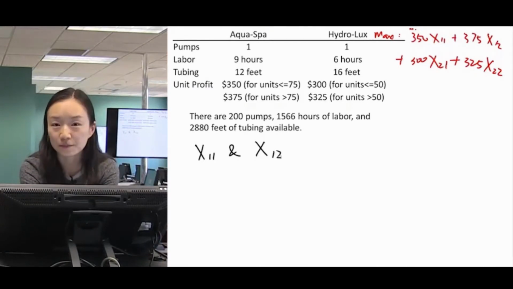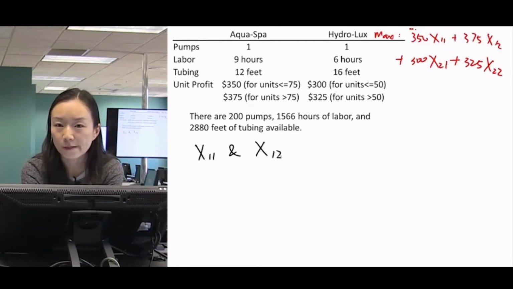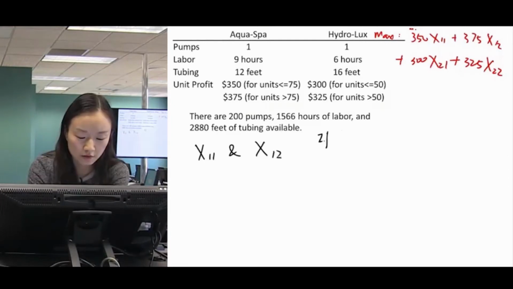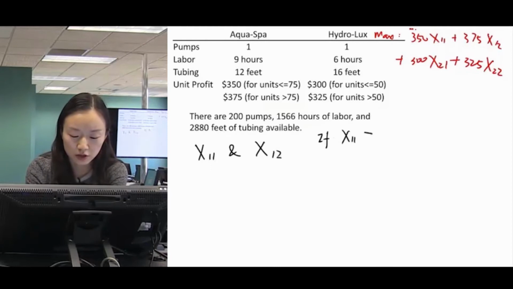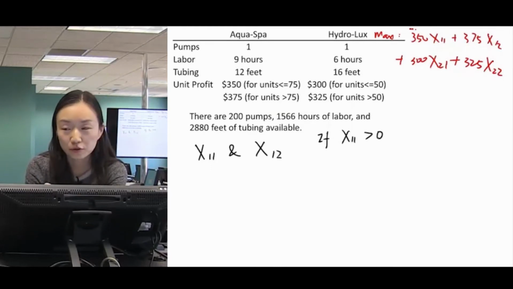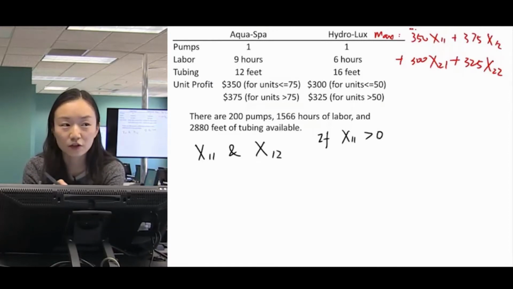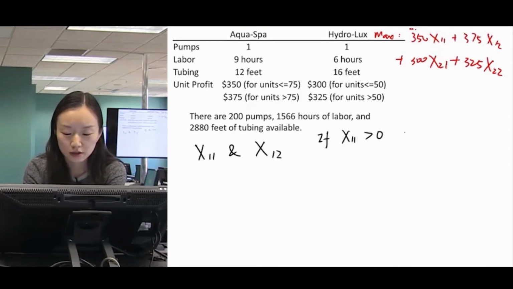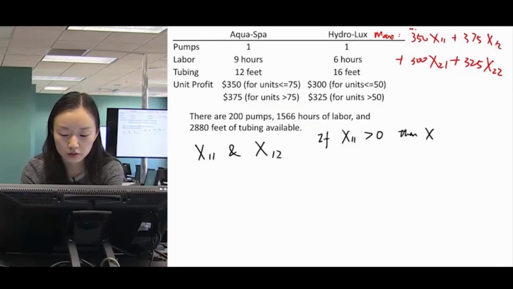Based on the definition, one is greater than 0, the other is 0. Say if x11 is greater than 0, which means we are producing only within this first 75, right? Then x12 needs to be 0.